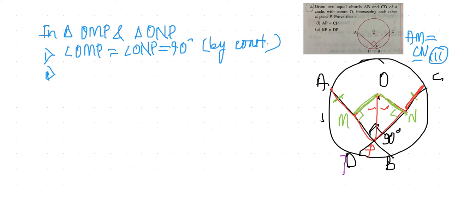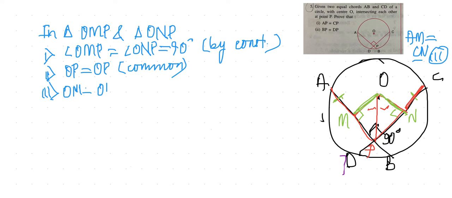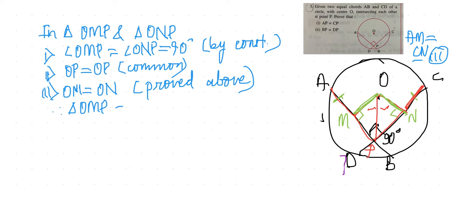The second point will be OP is equal to OP, as it is common. Third point, you will be writing OM is equal to ON, and if you want you can write the reason again, or you can just write proved above, because that is a point that you have already proved in the beginning of the question. So therefore, triangle OMP is congruent to triangle ONP.